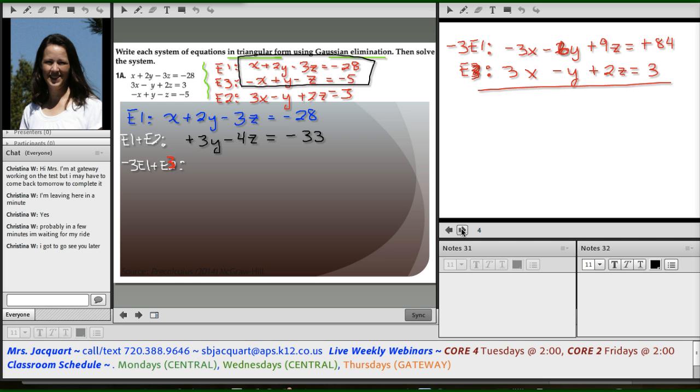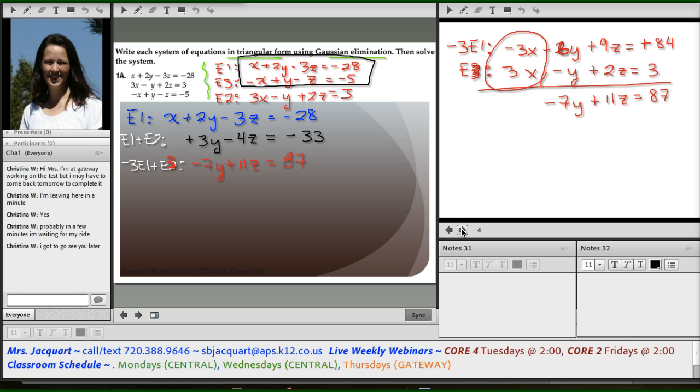And I'm just going to add them. 0 minus 7y plus 11z equals 87. So back to my really cool part here. So I have negative 7y plus 11z equals 87.